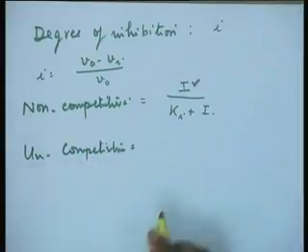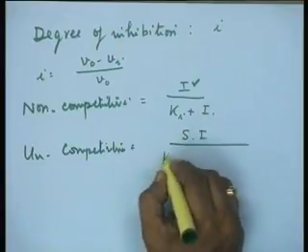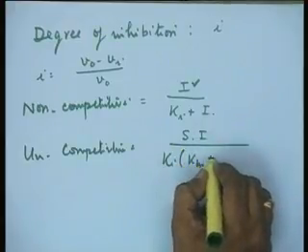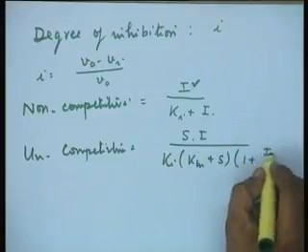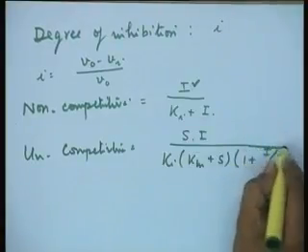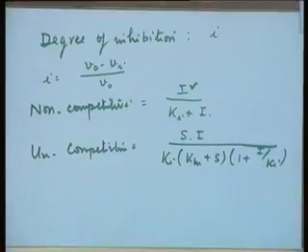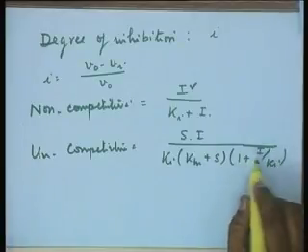In the case of uncompetitive inhibitor, the degree of inhibition is S into I upon KI into (Km plus S) and (1 plus I over KI). Now the degree of inhibition will rise from S equal to 0, when there is no reaction, to a limiting value of (I over KI) upon (1 plus I over KI) at very high substrate concentration.